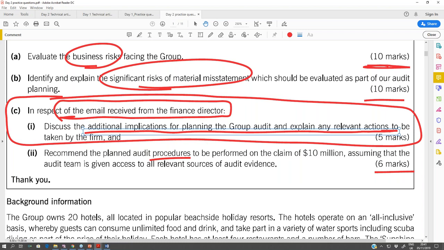This tendency of the examiner giving you an email of a certain person and asking you a question on that email is a very repetitive feature of the AAA exam. We just saw that in the June 19 exam paper. So let's see what is the email of the finance director and what are the additional implications from the email in terms of planning the group audit and explaining any relevant actions to be taken by the firm.